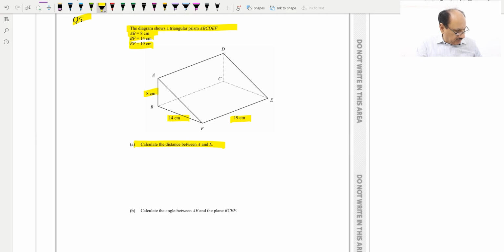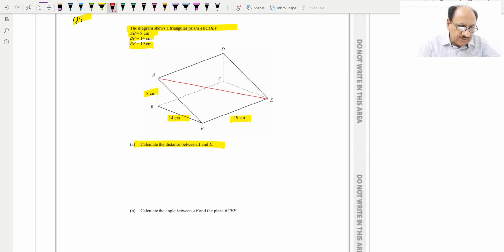So which distance is required? I'll draw the line so that we can understand better. A to E. So this is the line which is representing AE, and let's calculate the distance.